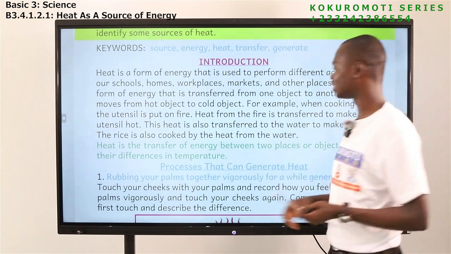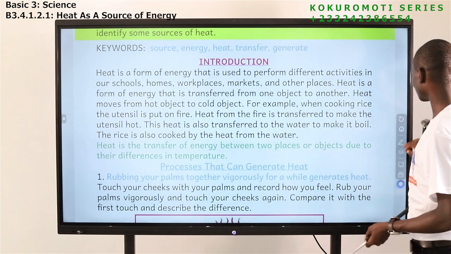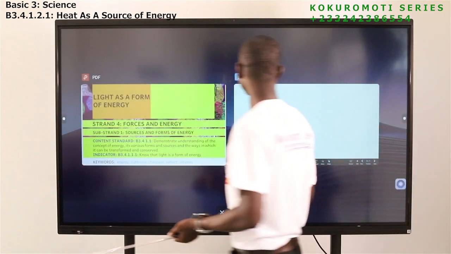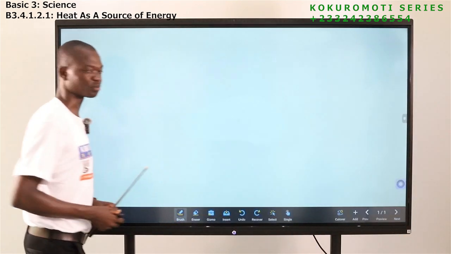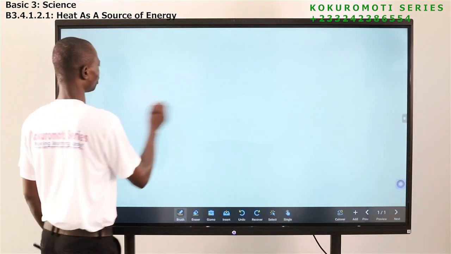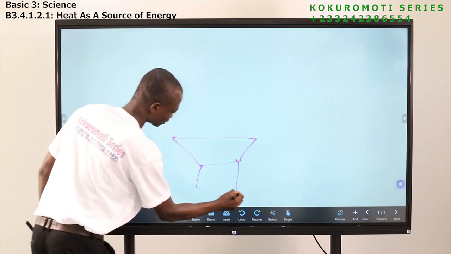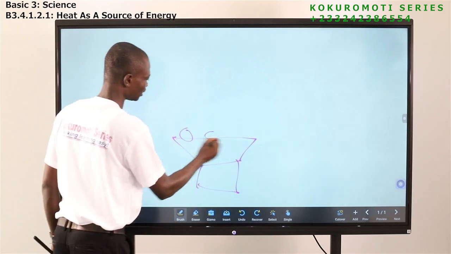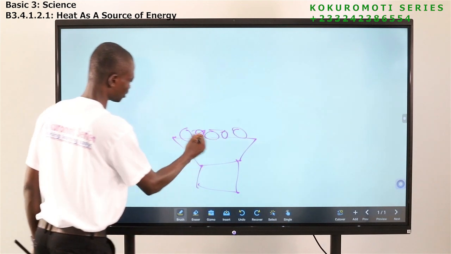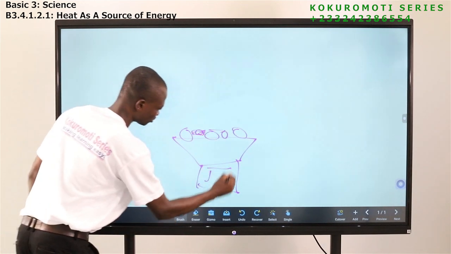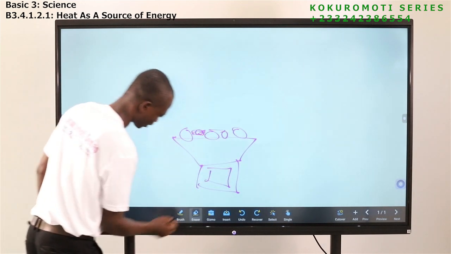So we are talking about heat. Let me go back and show you something. Anytime we are cooking, for example, let's take this as our coal pot. You have your charcoals inside. Then you set your fire.